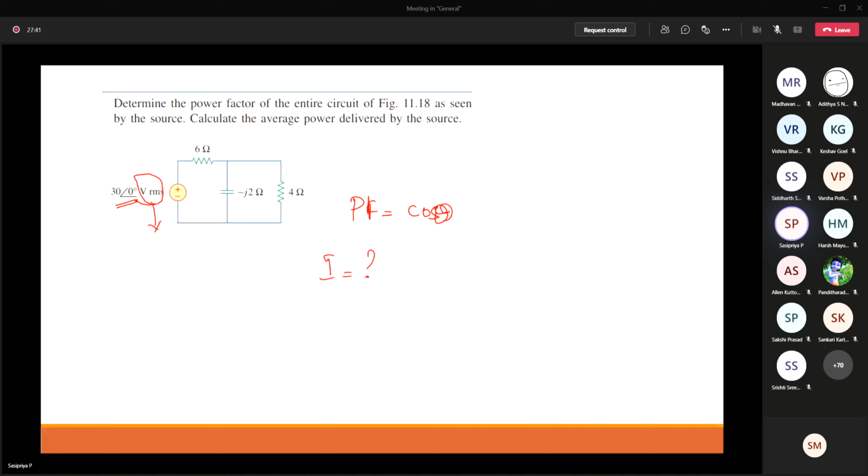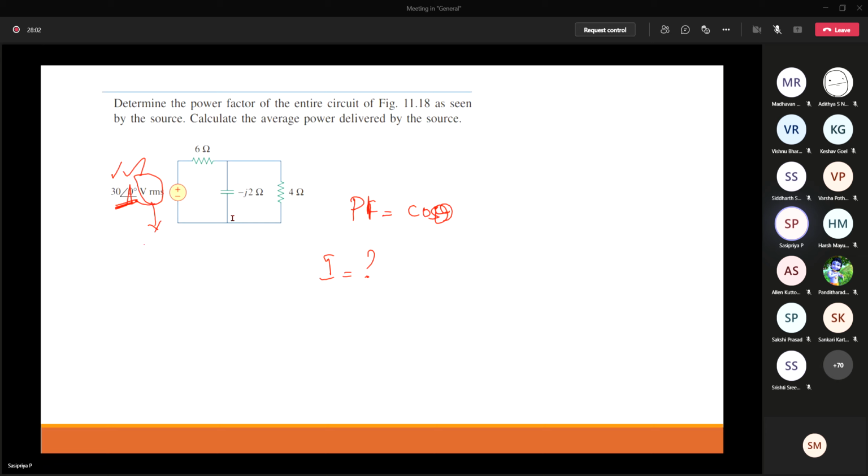Let me repeat, for power calculation, we need Vrms and Irms. If they specify the source in polar form and say RMS, we take it as RMS. If they don't specify, we assume it as a maximum value.